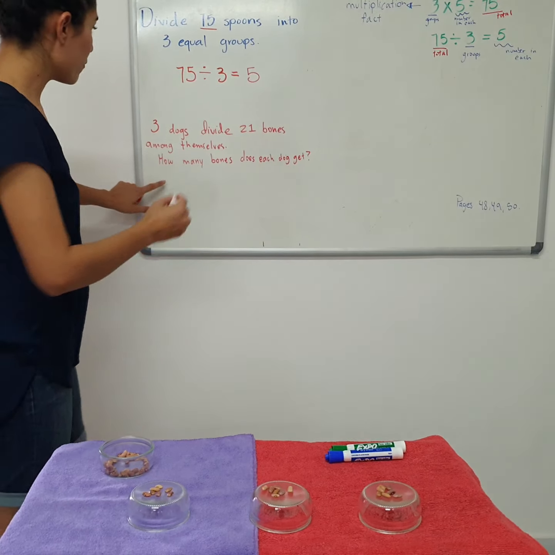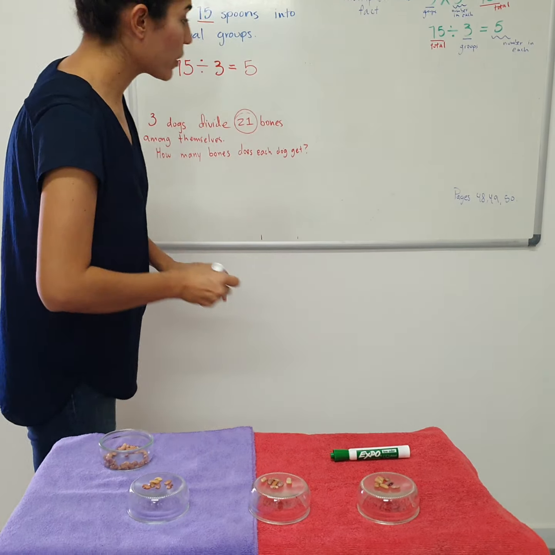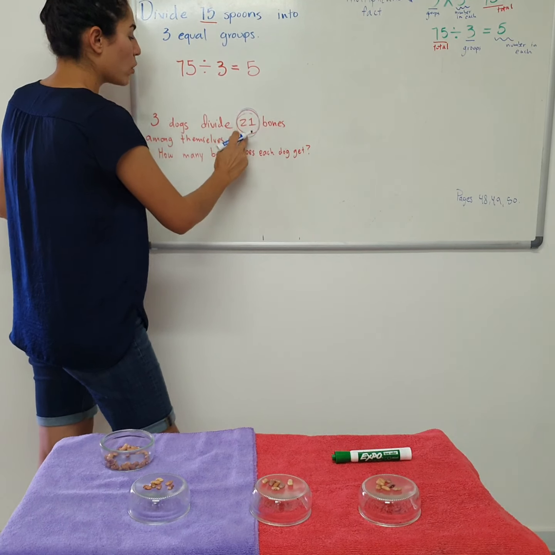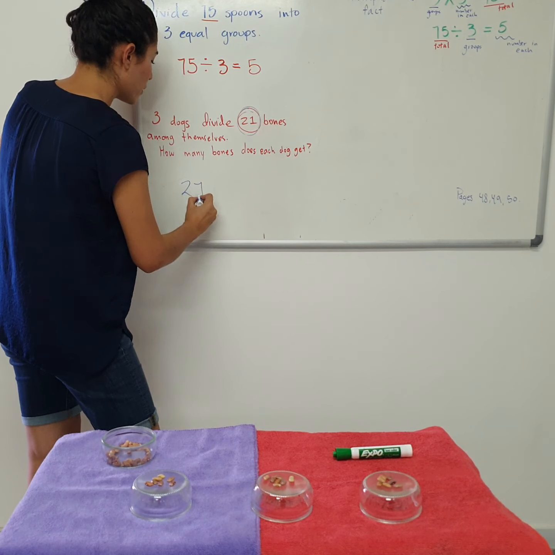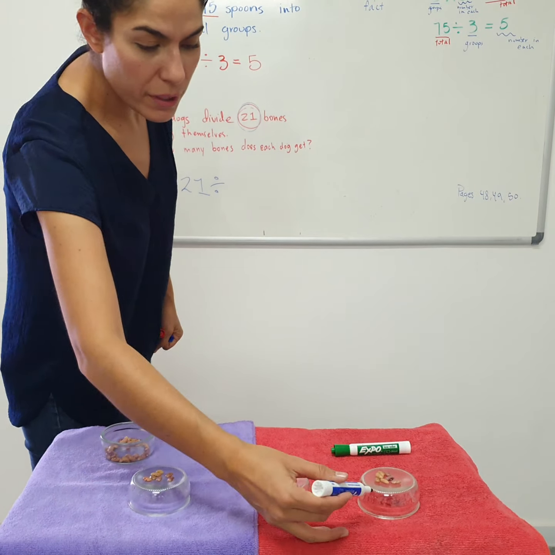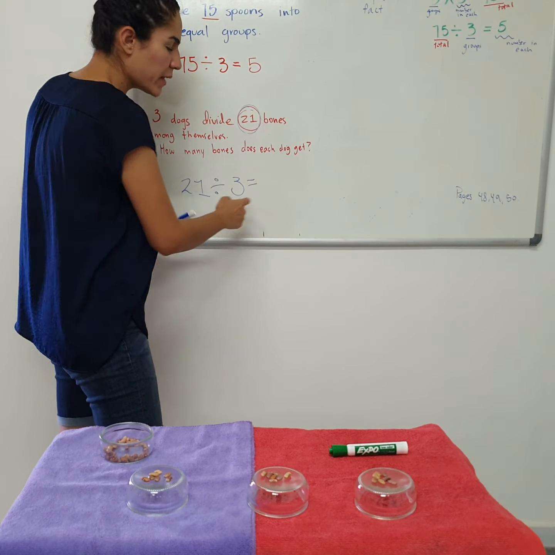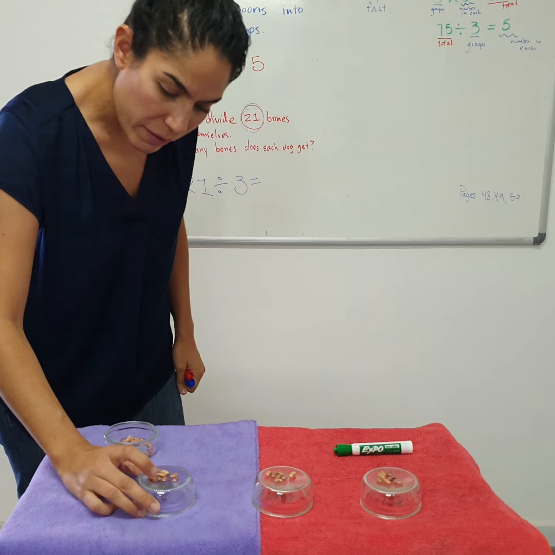That means that I have, remember, I always start with the greatest number. If I want to write it as a division, I start always with the greatest number. 21 divided by, how many groups do I have? I have 3 groups. And at the end, I'm going to write how many do I have in each group.